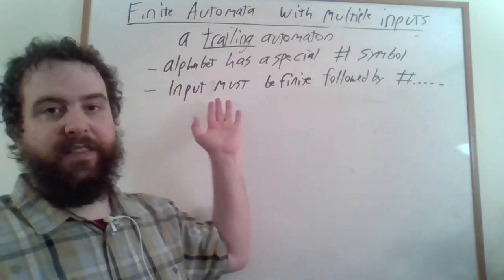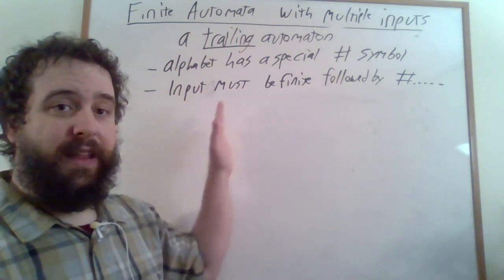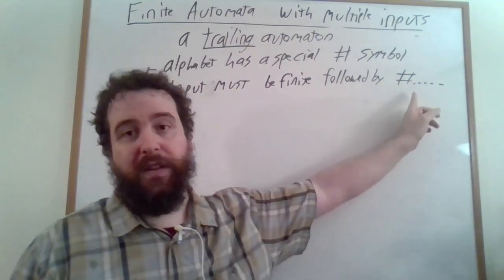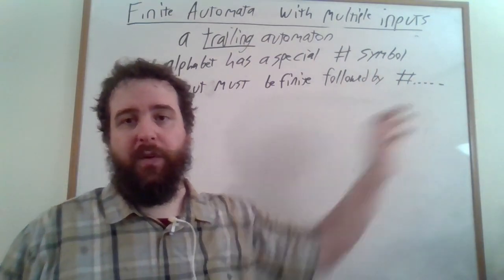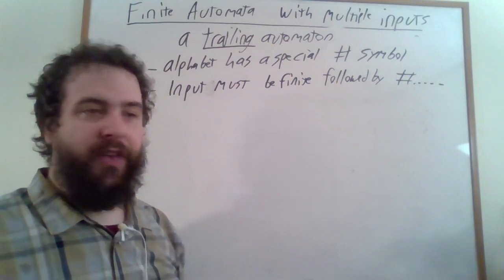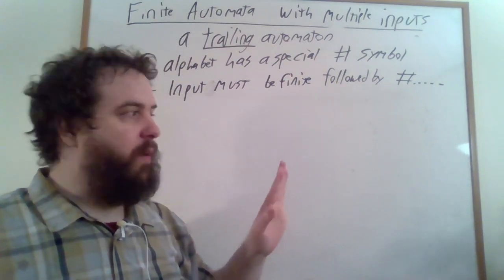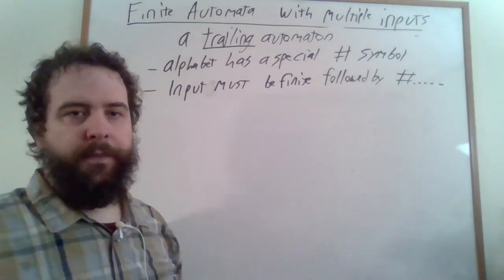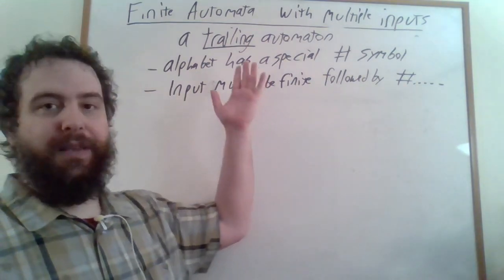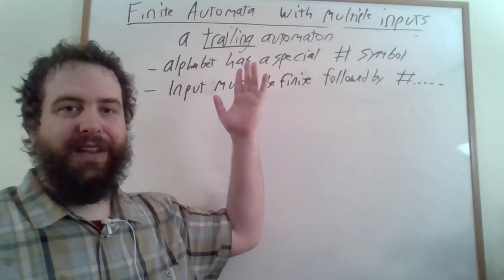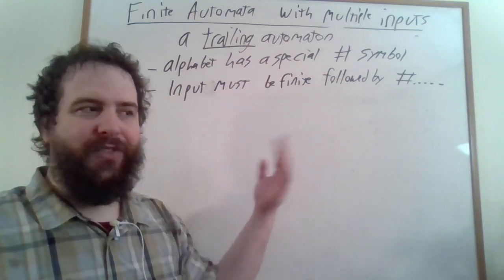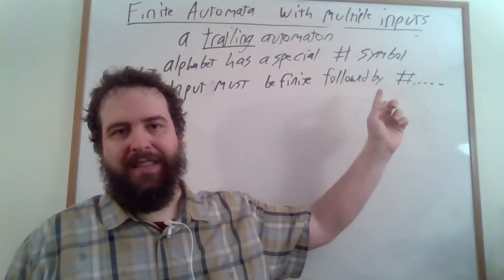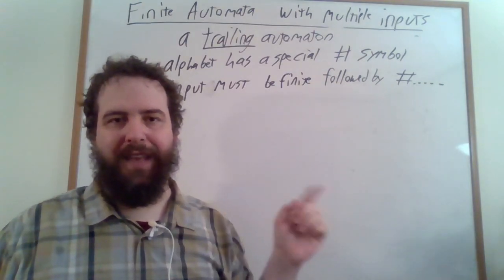So this finite state automaton is going to read the input character by character, and that's going to change what state it's in, and then eventually it's going to reach this infinite sequence of end of string characters, and that's going to put it into a loop of states. And we have a choice here. I've completely made up the term trailing automaton here, so we have a choice as to how we want to say that this automaton determines what to accept and what to reject.